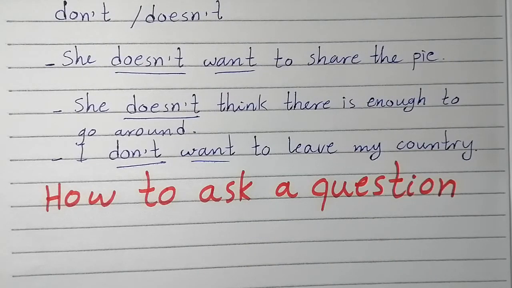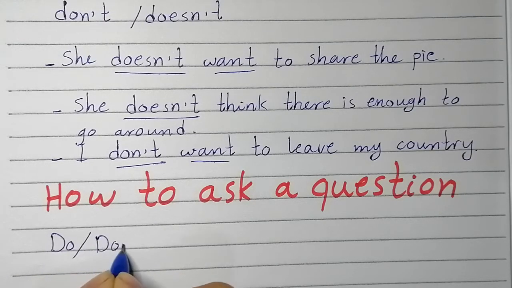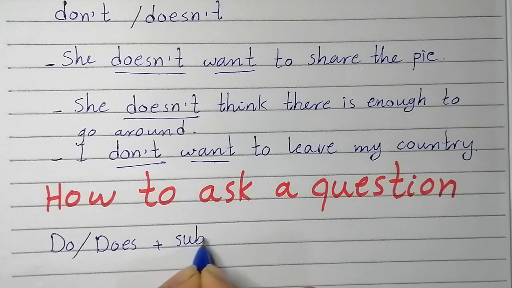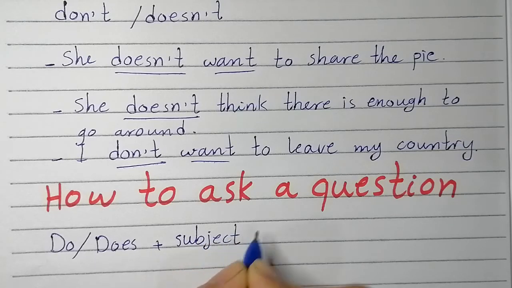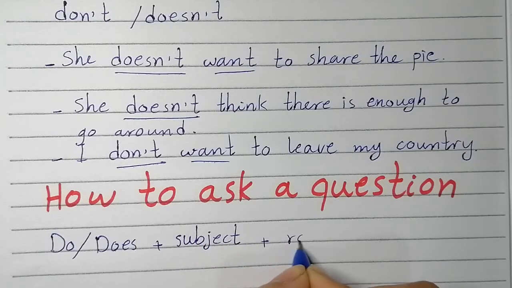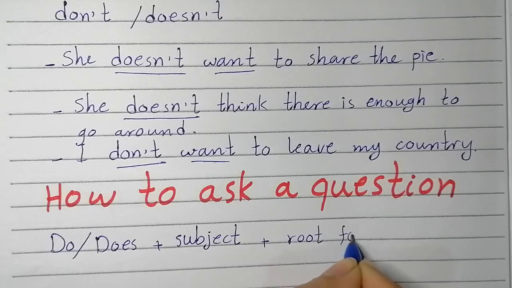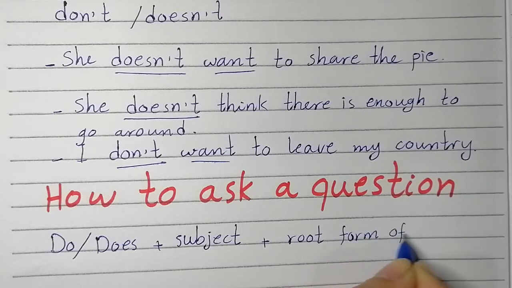The formula for asking a question in the simple present tense is do or does plus the subject, then the root form of the verb.